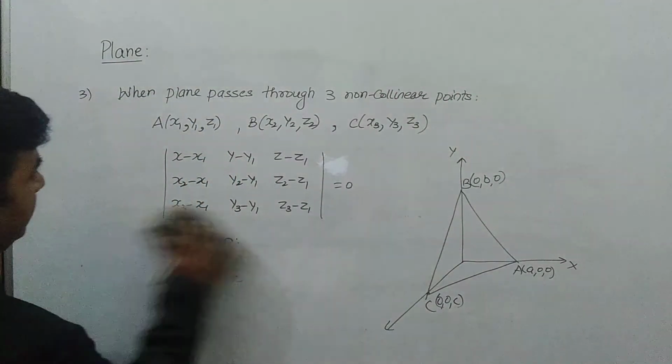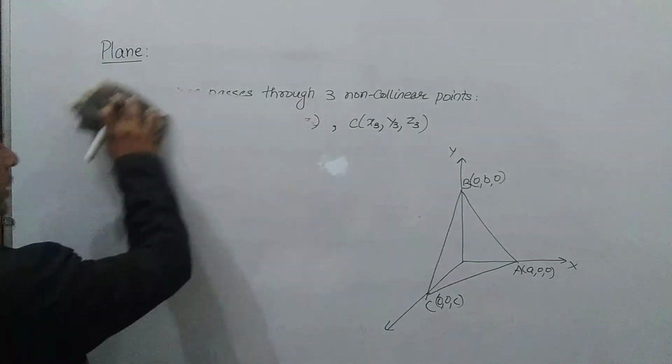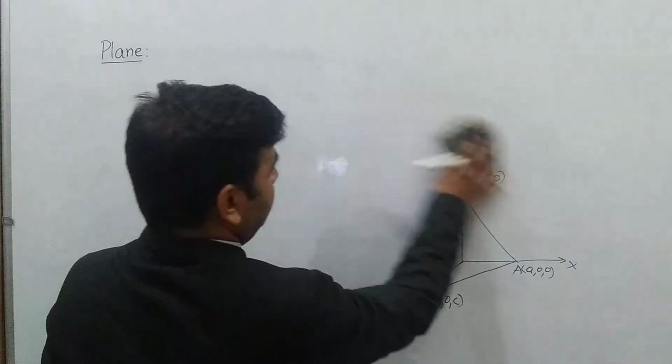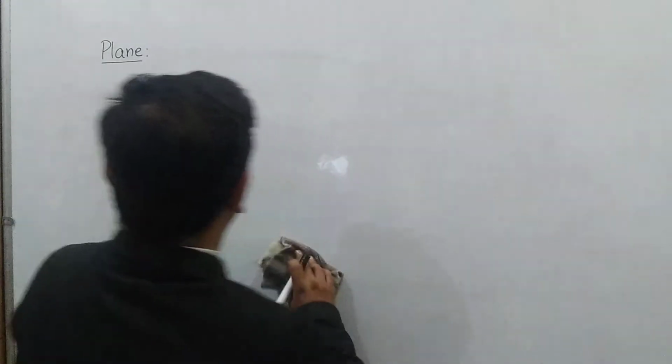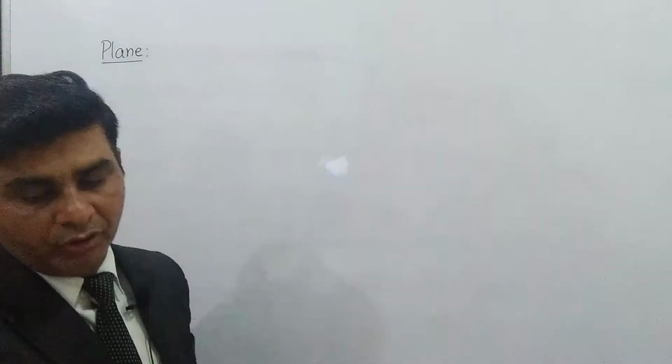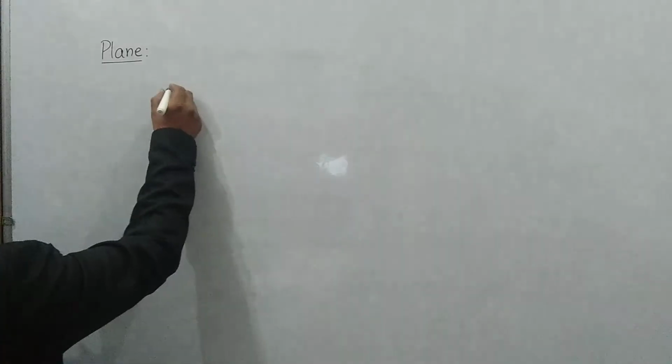So let me do the question number 1 now, which is based on the concept which we discussed in this video at starting. The question is given to you, we want to find the direction cosines of normal to the plane and distance from origin, and the first part I am doing, this is z is equal to 2.